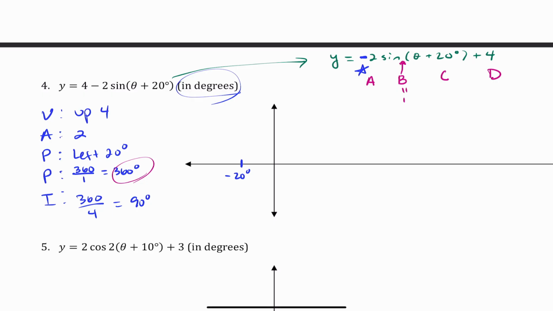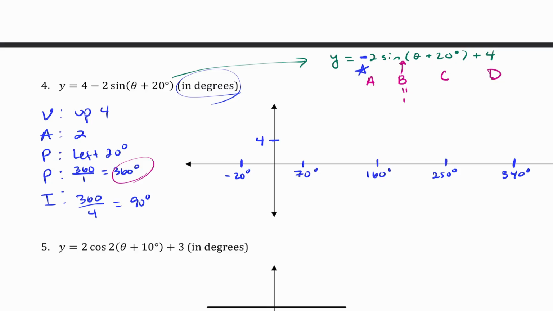Negative 20 plus 90 is 70 degrees. Add another 90, which is 160 degrees. Add another 90, 250 degrees. And then one more 90 to go, that's 340 degrees. Again, you need to have 5 points on the horizontal. All right, so now we need to go up 4.